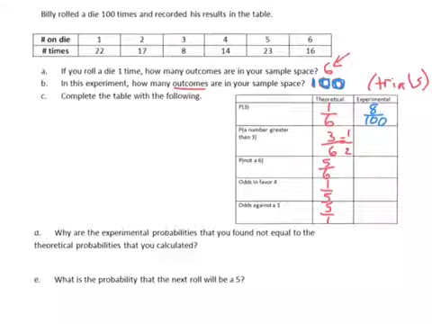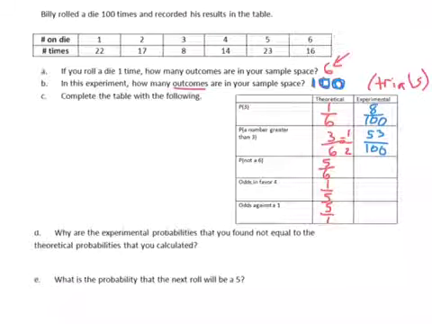What's the probability of getting a number greater than 3? Well, greater than 3, again, not 3, not 2, not 1, but these right here, there were 14, 23, and 16. So that is 53 if you add those up. So 53 trials, there was a number greater than 3 out of 100.